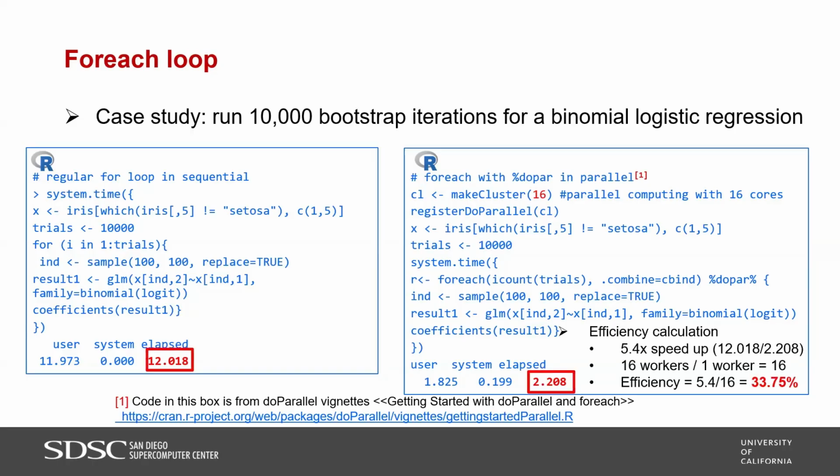And if we calculate the efficiency with 16 workers, it is around 33%, which is still good in my opinion. But you know that you are using 16 cores rather than running the for loop with a single core.